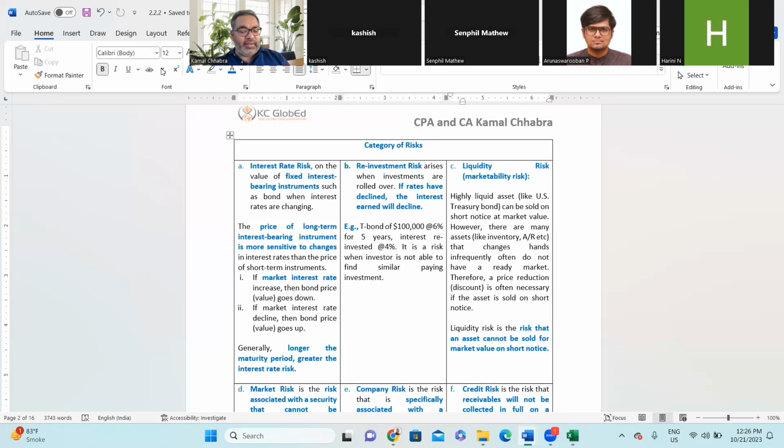Have you guys studied the current asset ratio in your school days or college days by any chance? Yes, sir. So what are the current assets you are considering there? Sir, cash and cash equivalents as well. Cash, bank, short-term investment, any marketable securities as well.